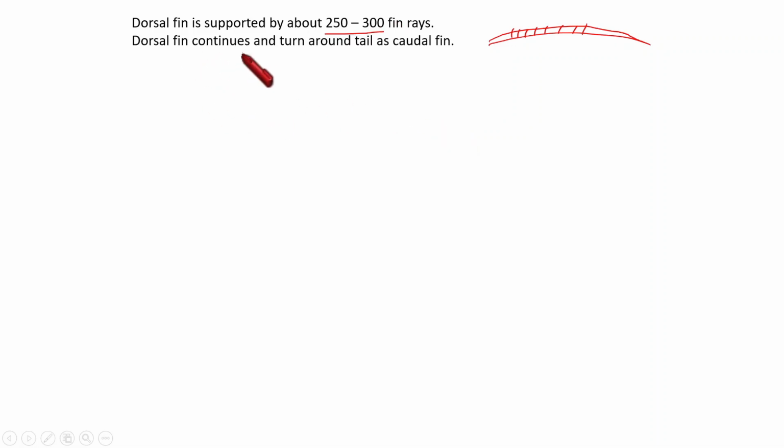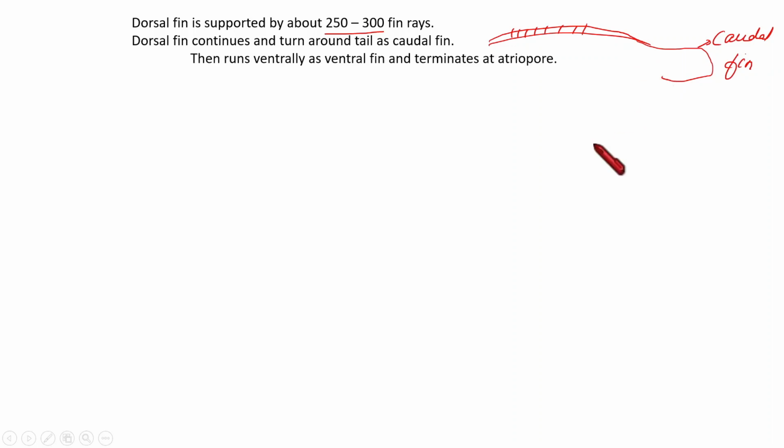And the dorsal fin continues and turns around the tail as the caudal fin, and then it turns towards the ventral side of the body as the ventral fin.